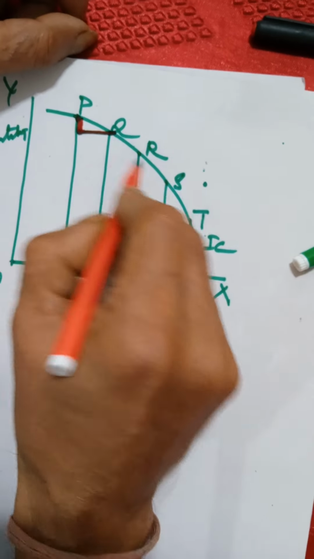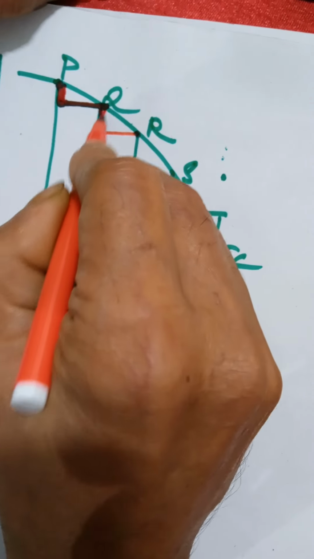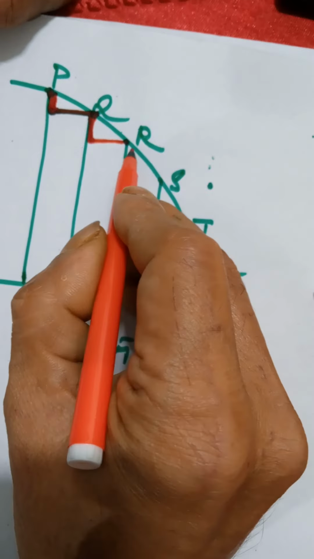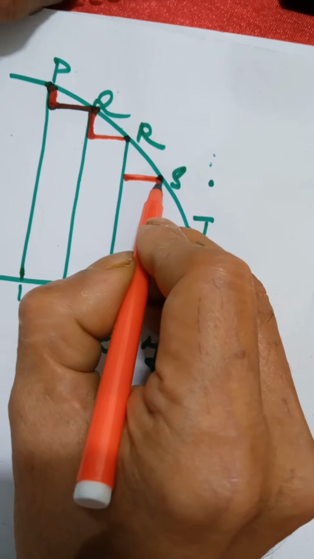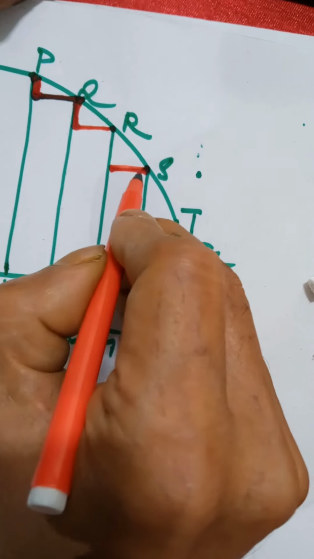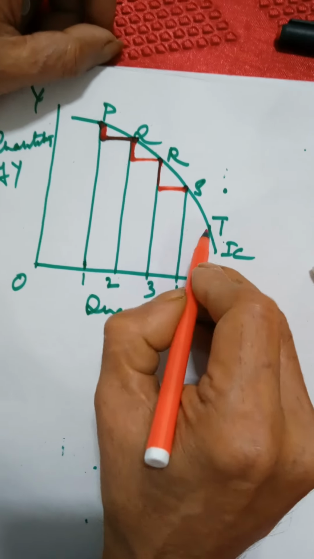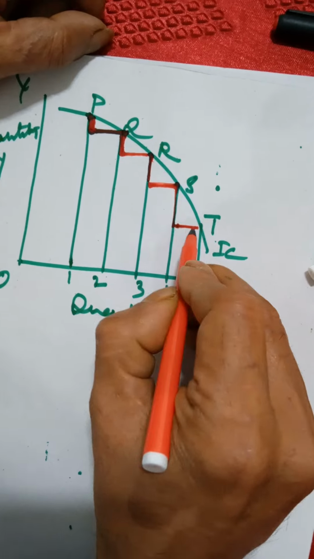When he moves from Q to R, he sacrifices this much of y and gains this much of x. As he moves from R to S, he gains this much and sacrifices this much. Again from S to T, the sacrifice is this much and the gain is this much.